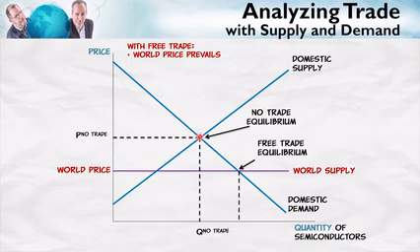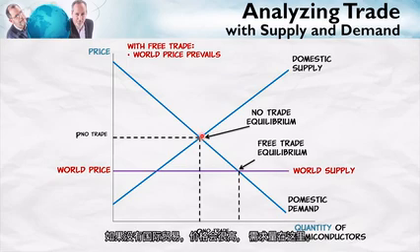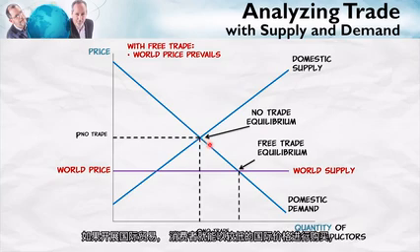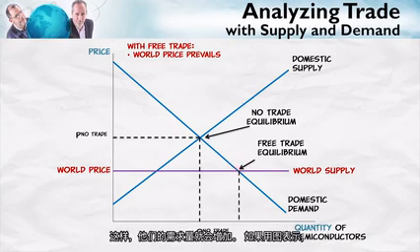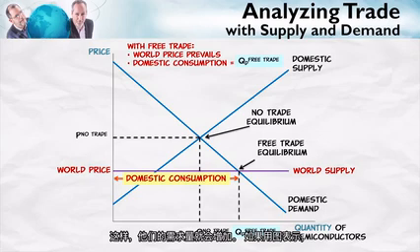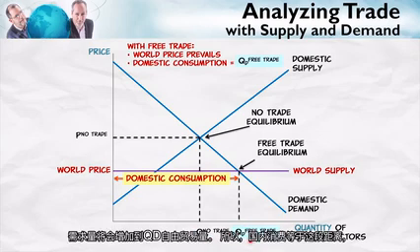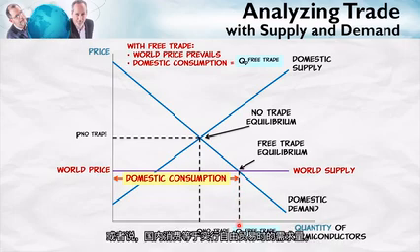That is, at the high price, with no international trade, the quantity demanded is here. With international trade, consumers get to buy at the lower world price, so their quantity demanded increases. In terms of the diagram, the quantity demanded will increase to QD free trade. So domestic consumption is equal to this distance, or domestic consumption is equal to the quantity demanded with free trade.